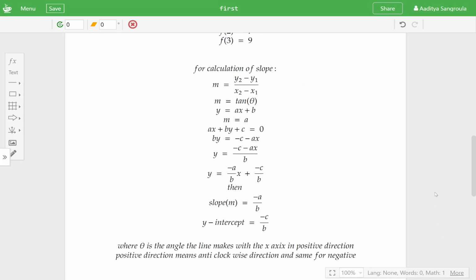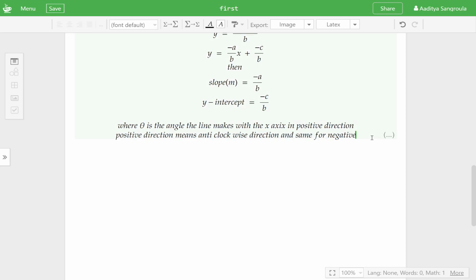Before that, I'm going to be giving you a few equations of straight lines so that you won't be confused. So y equals mx plus c.